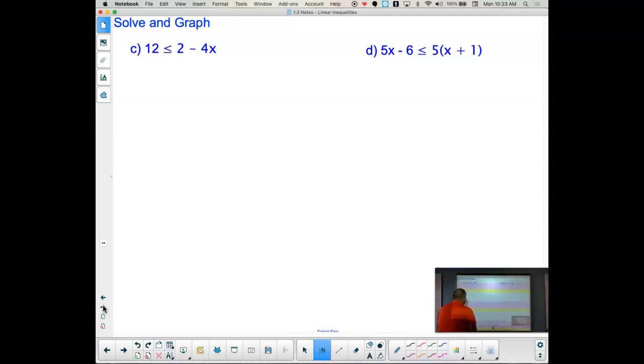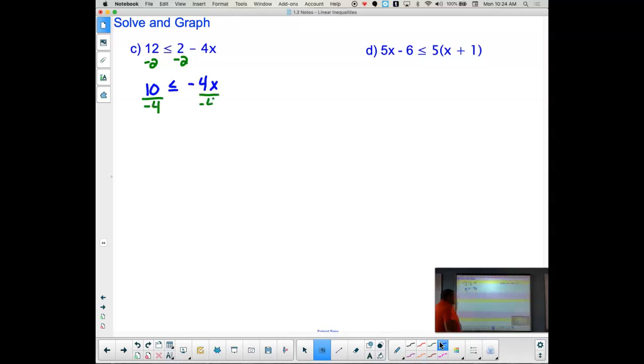So here I would subtract 2. That gives me 10 is less than or equal to -4x. I would then divide by -4. Ding, ding, ding.